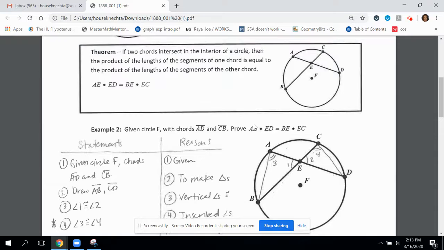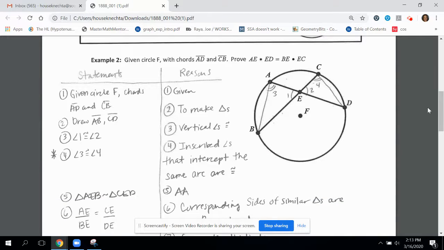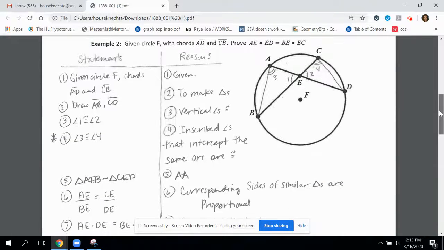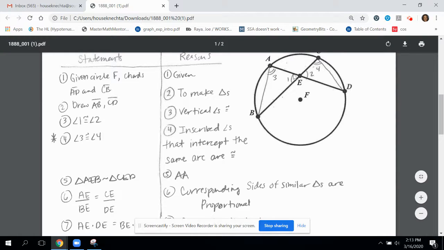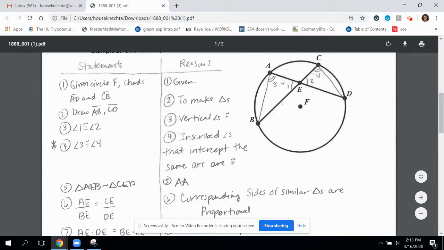Another less numeric problem down here, so more traditional proof, is also written for you. So it shows your original picture. You have intersecting chords. I went ahead and I just drew in AB and CD, simply said to make triangles. Vertical angles are congruent.